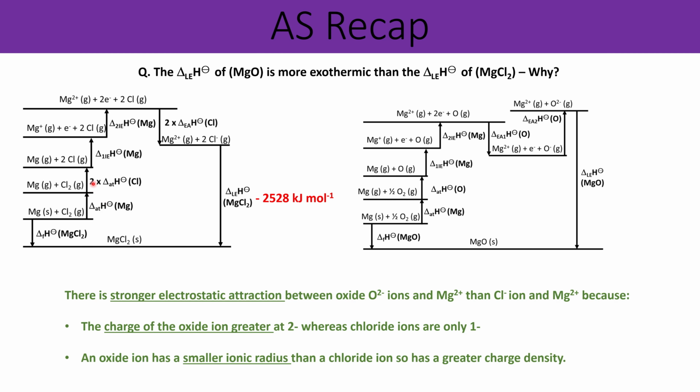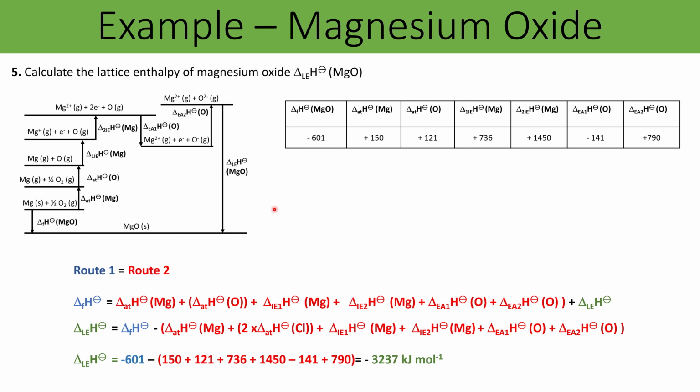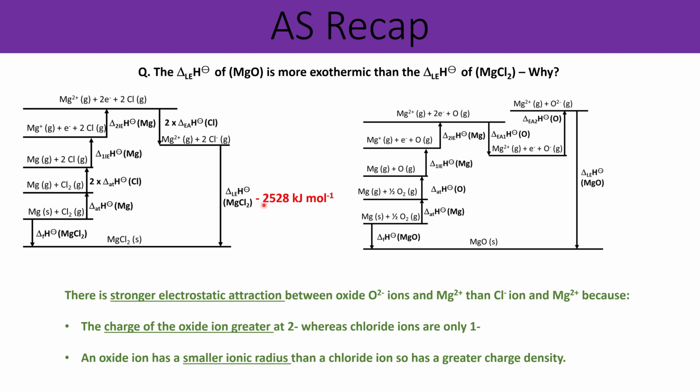Okay, right then. Now I want to do a little bit of recap finally. So let's have a look at those lattice enthalpies. This is the lattice enthalpy of the magnesium chloride here, minus 2,528 kilojoules per mole.